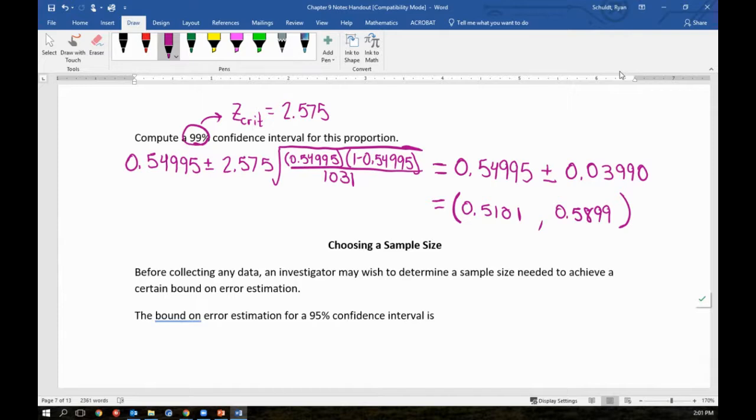Notice that this one, we're more confident, so that means our interval is wider. The more confident you are, the wider the interval. If you're trying to find the true value, why would you want to have a wider interval? It then gives you more.